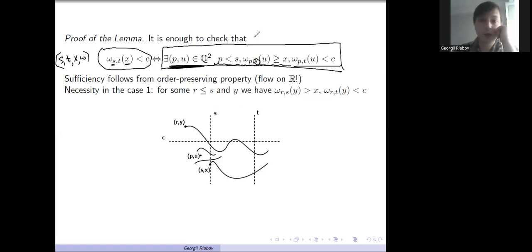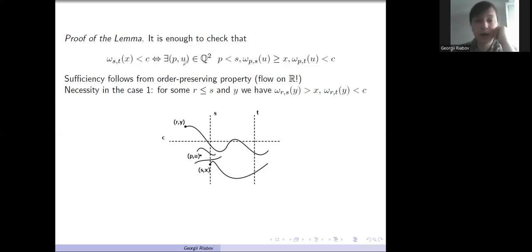Okay, so the representation we want is the following. There is a trajectory that started at some rational point before time s. At time s, this trajectory was above x, and at time t, it was below c.